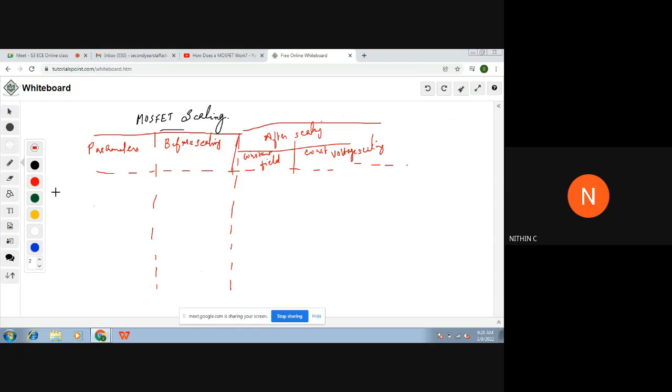First parameter I am considering is channel length. Before scaling, let the channel length be L. After constant field scaling, what happens to the L value?